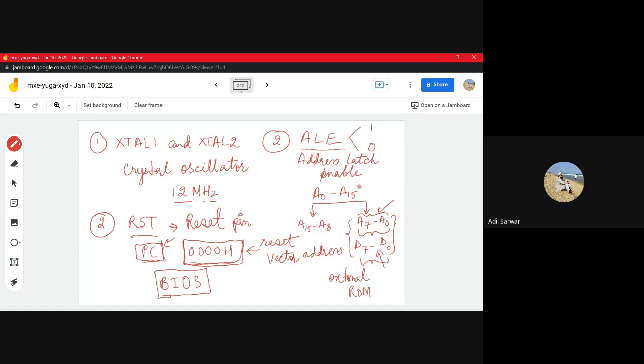Anyway, we will come to this when we do some programming. Right now, you understand that when ALE has value 1, the thing that is being carried on the pins is the address. And when ALE is 0, the thing being carried on the port 0 pins is the data.